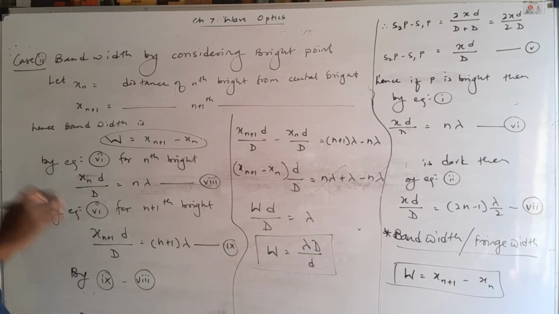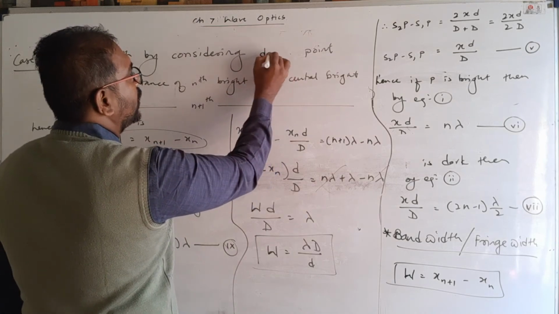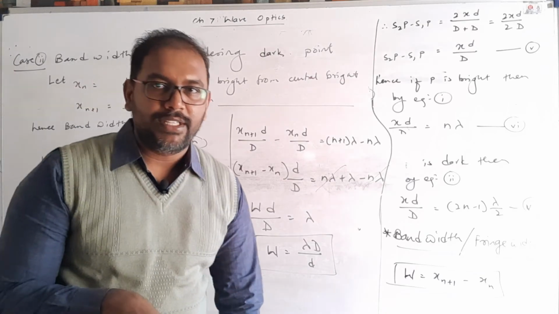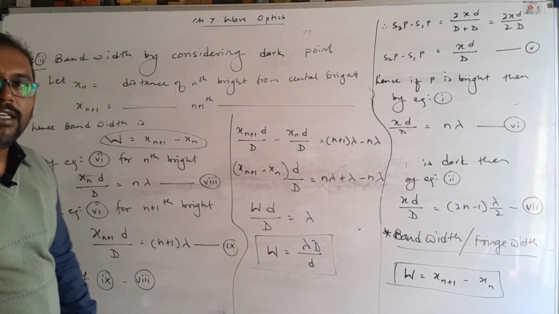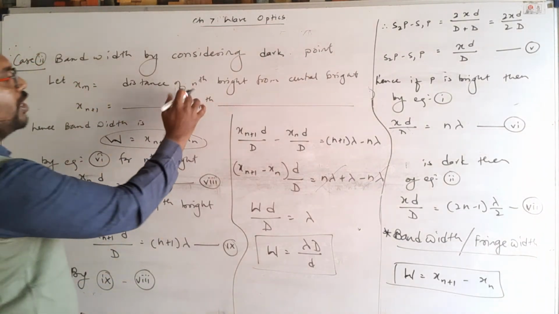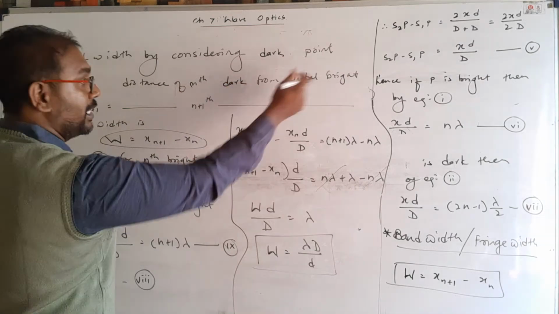Now I will explain case number 2, bandwidth by considering dark points. Again, the distance between any two adjacent dark points is also bandwidth. So I consider xn, or instead of n I can consider m. I write here m. xm, the distance of the mth dark from the central bright.